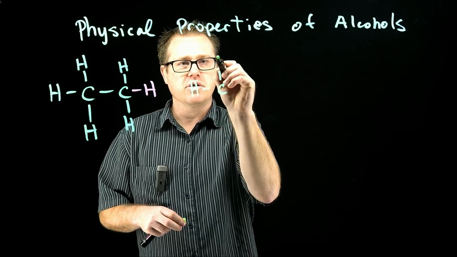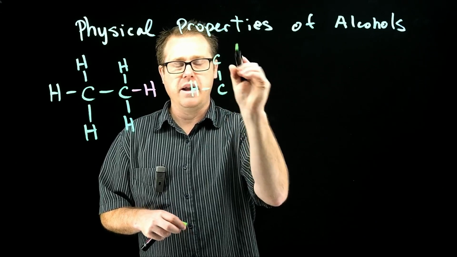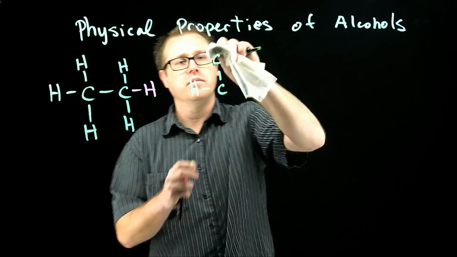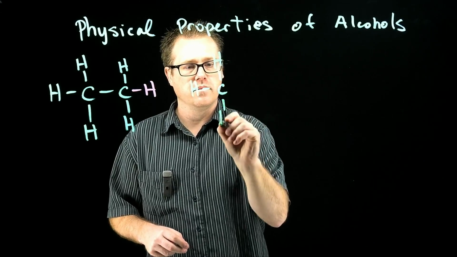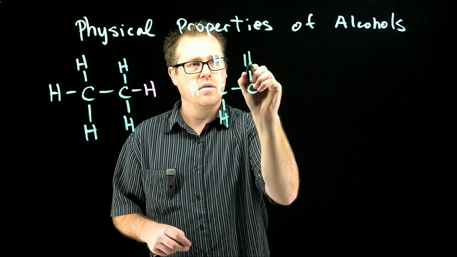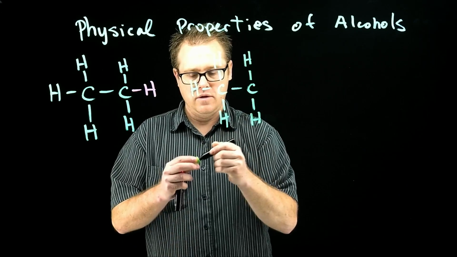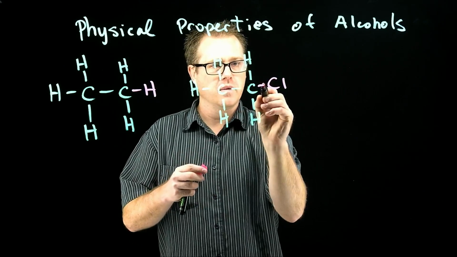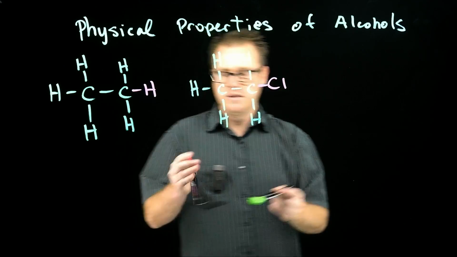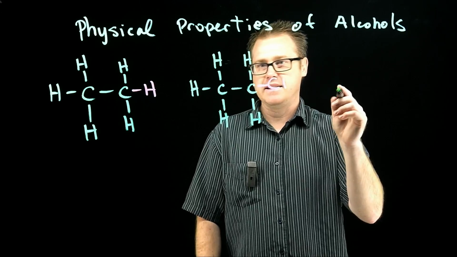And then let's draw ourselves chloroethane. Drawing ourselves a chlorine right here, carbon-chlorine bond. And then we will compare that to ethanol.